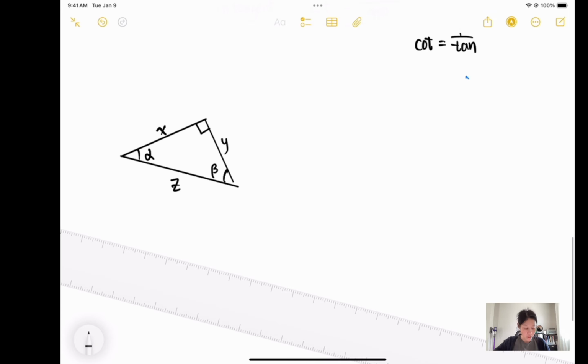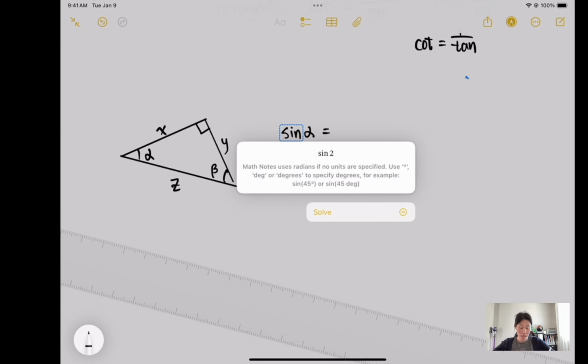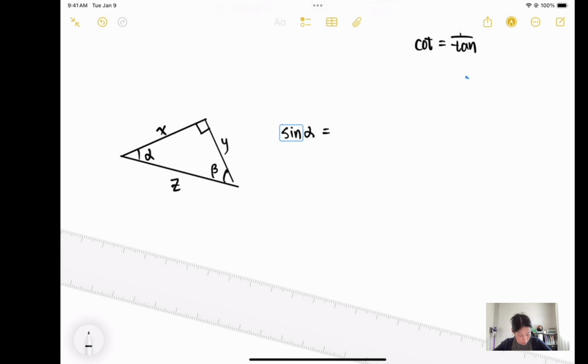Now, I want you to find what is sine alpha. Sine alpha is equal to the opposite side of the angle alpha over the hypotenuse. So the opposite side of alpha is y over the hypotenuse, which is the side opposite to the right angle, which is z.